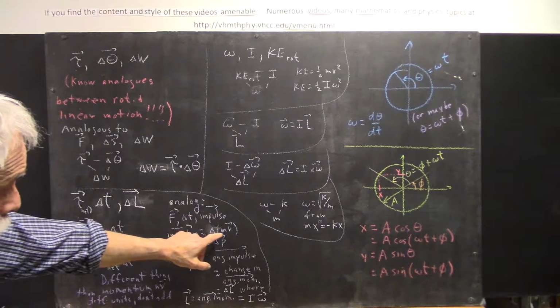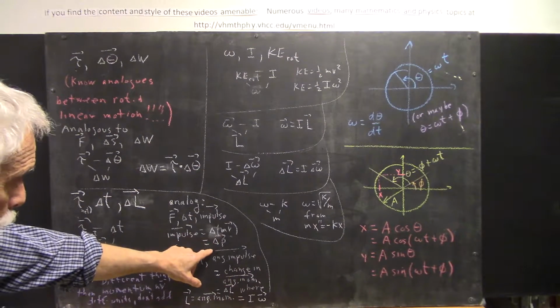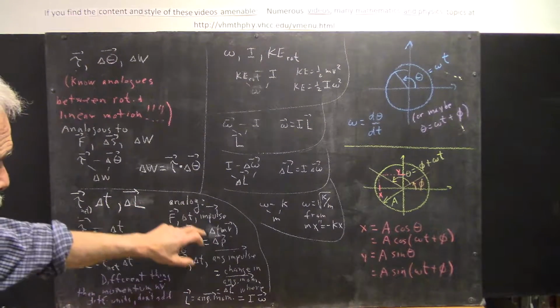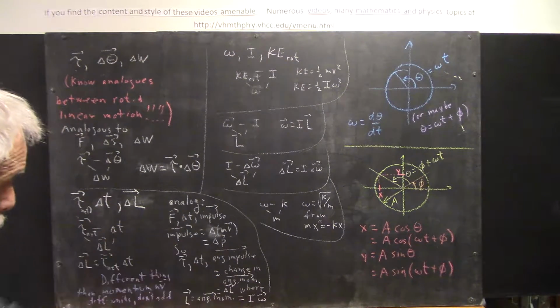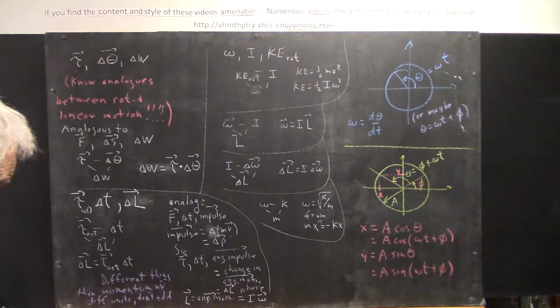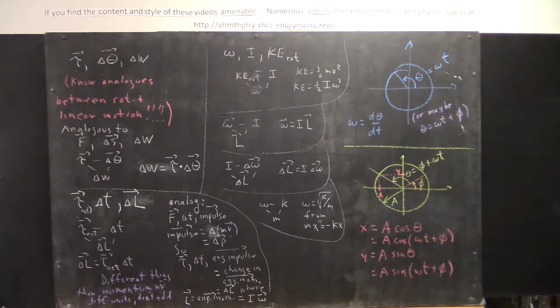Impulse is equal to the change in the momentum mv. So the impulse is equal to delta P. So F, delta T, and delta P are related. If you know F and delta T, you can find delta P. Just multiply F and delta T to get the impulse, and that's equal to the change in momentum. If you know any two of these three quantities, you can get them.